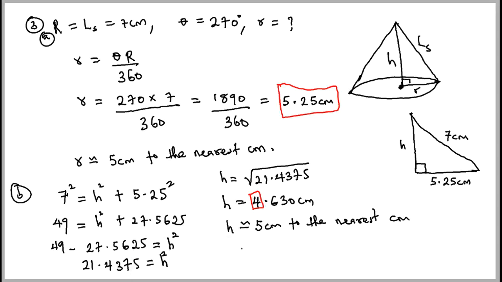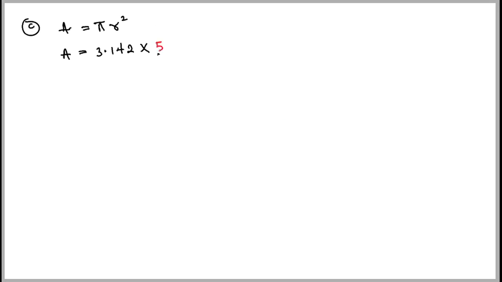So putting it in our work, we have 5.25 all squared, so A becomes equal to 3.142 times 5.25 squared, which when you punch it in is 27.5625.